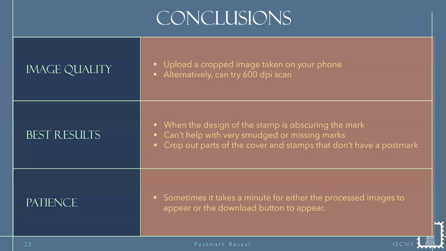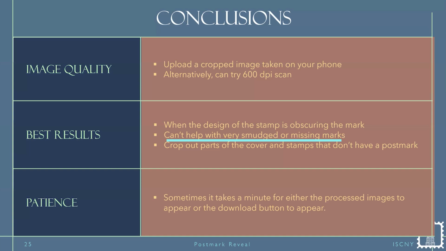So in conclusion, I'd recommend uploading the highest quality scan that you can to get the best results. I found my phone in most cases was the best. A higher alternative was 600 DPI. I would imagine, Edward, the 1200 would also be fabulous. The best results were when the design of the stamp was obscuring the mark. It was able through the color filters to sort of filter out the background stamp and then show the postmark.